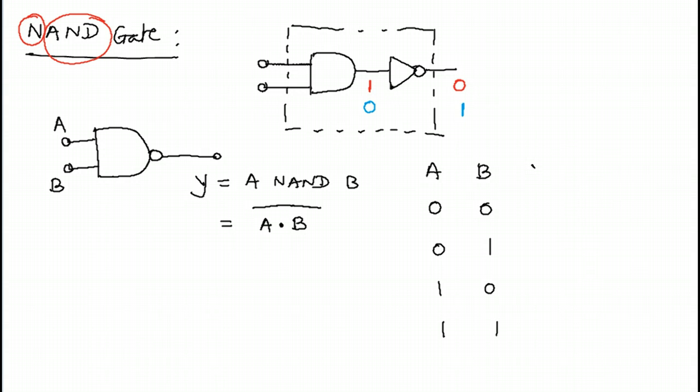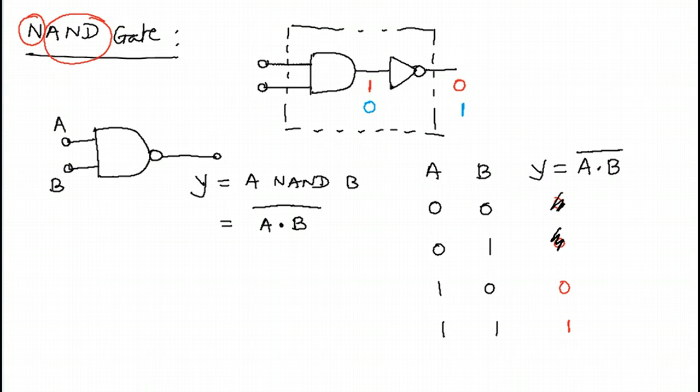And now we try to write the output, which is Y, which is A NAND B. The trick of course in writing the output is to first assume that this bar is absent. In other words, treat it as a normal AND gate, and you know that for an AND gate the only place where you're going to get a 1 is over here, and everything else is going to be equal to 0. Now of course we are trying to write the output of a NAND gate and not an AND gate.